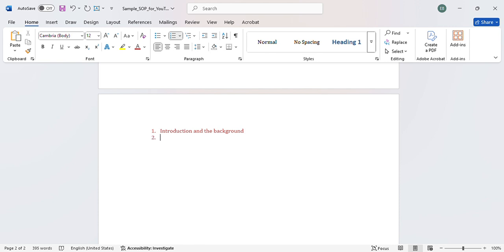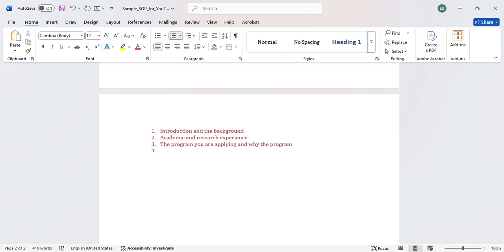Two, your academic and research experiences. You can highlight them. Then the program you are applying to, and why the program.